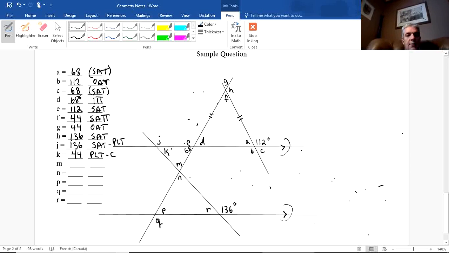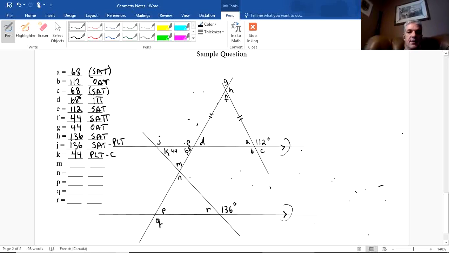Now I have 68 here. I have 44 here. I can calculate M using the sum of my triangles. So let's work on that one. Sum of my triangles will be 180, subtract 68, and then subtract another 44, and that will be the sum of the three angles inside this triangle.